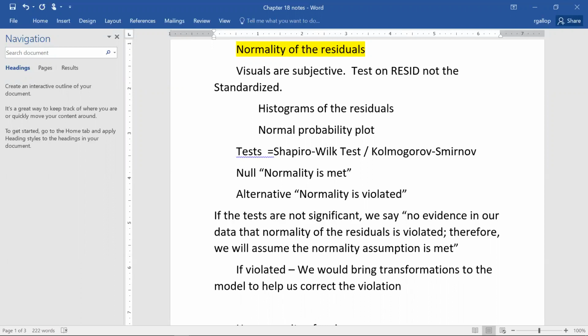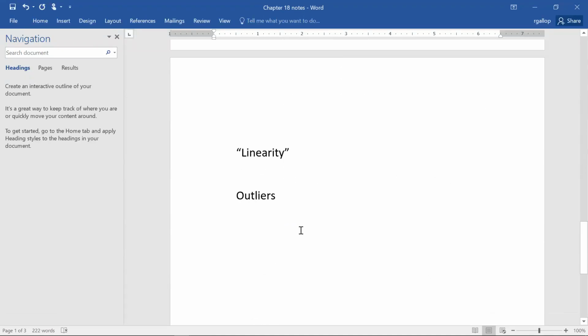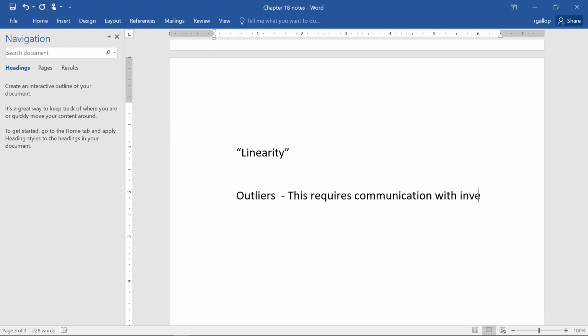Again, we would do that with the outliers, like we said before. This requires communication with the investigator.